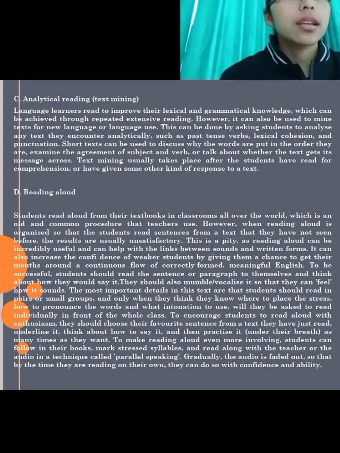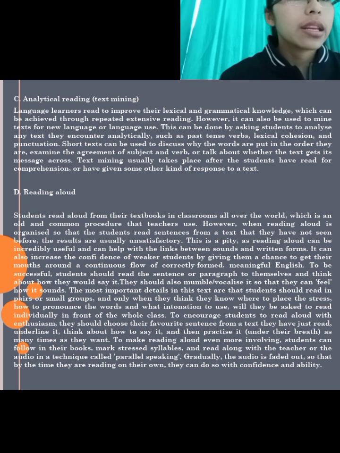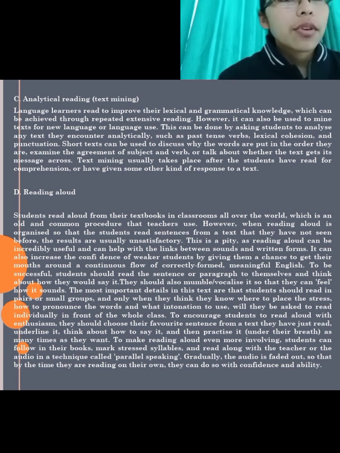And the third, analytical reading or text meaning. Language learners read to improve their lexical and grammatical knowledge, which can be achieved through repeated extensive reading. However, it can also be used to mine text for new language or language use.